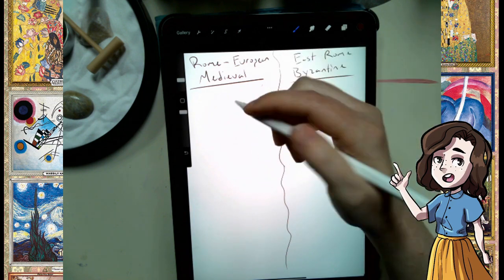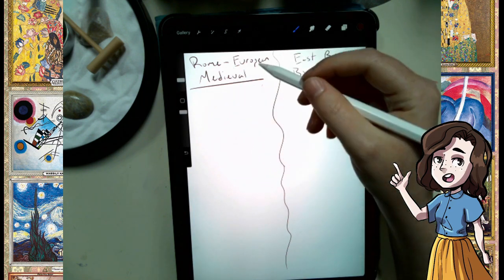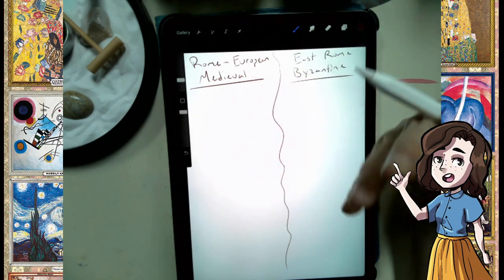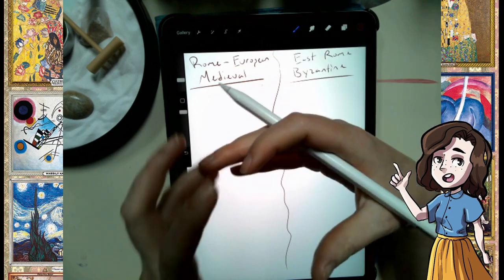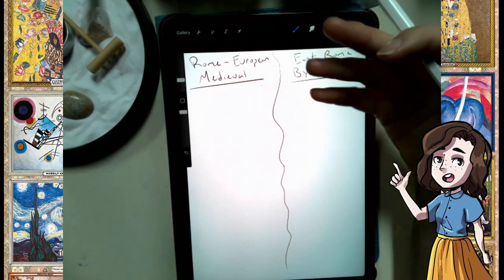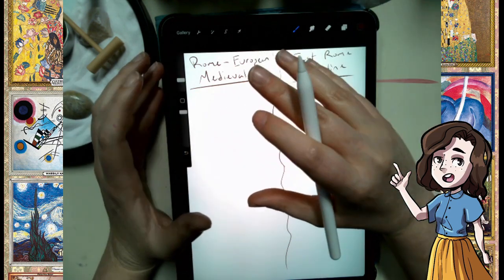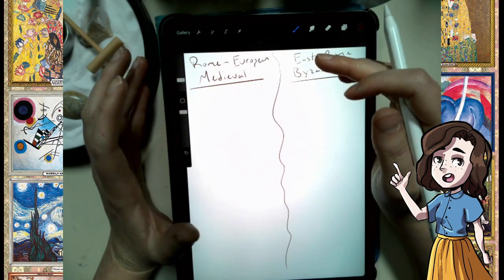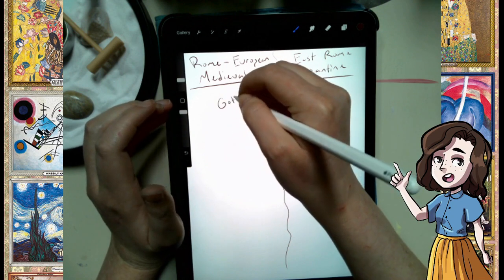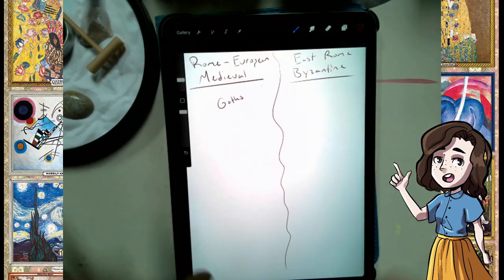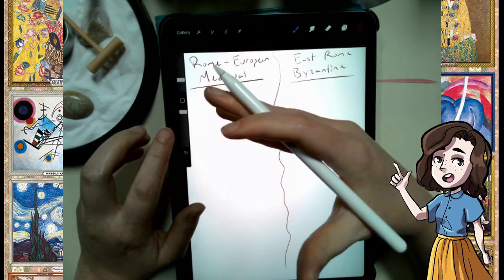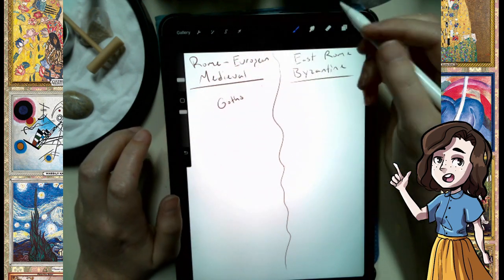So Constantine is going to take the whole empire, and he sees that Rome's starting to lose its strength. They've spread themselves out so far that they're losing their control. They're losing their power. People are rising up. These people known as the Goths, Ostrogoths, Visigoths, all these different Goths, are pushing in from Germany into the Roman Empire.